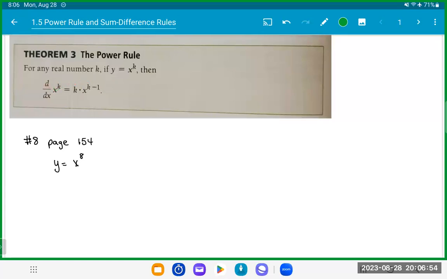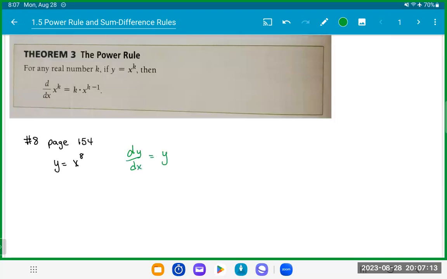So when we're looking at x to the 8th power, right? Then we end up with dy dx.